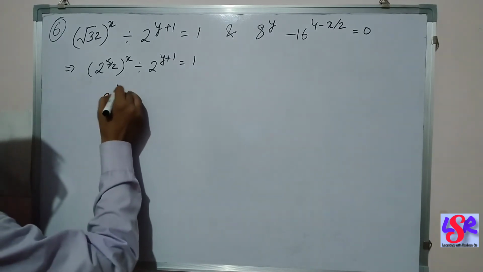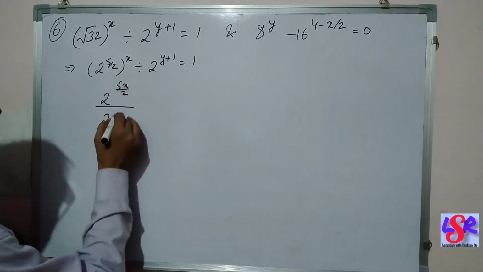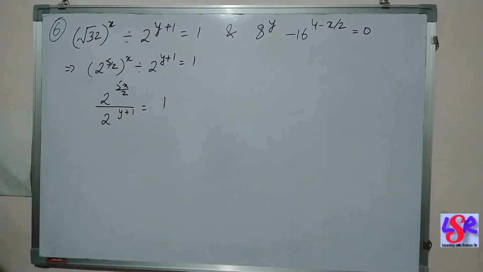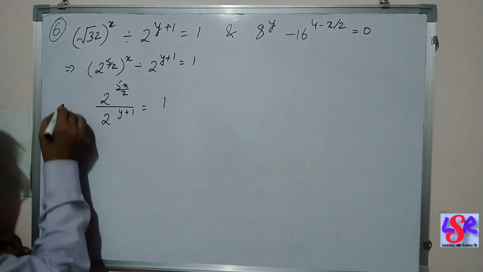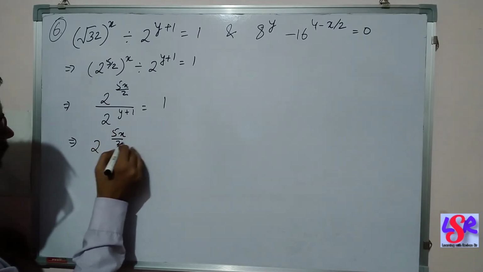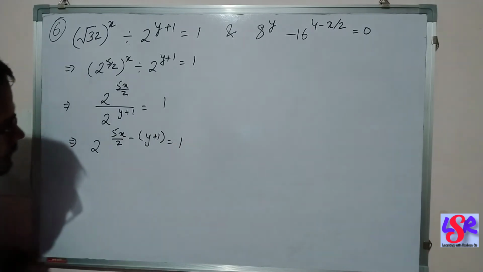Now the bases are same, so this can be subtracted, and here we will be having 2 to the power 5x upon 2 minus y plus 1 equals to 1.